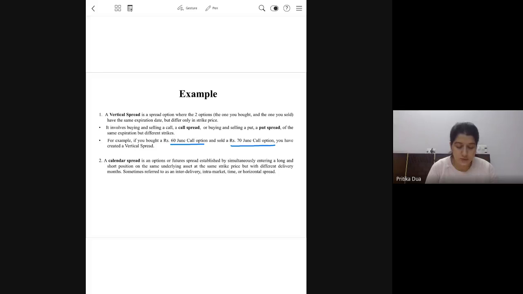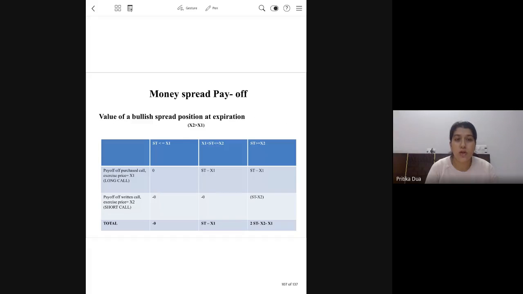Now we come to the payoff from a spread contract. We are using the example of a call option contract as a spread strategy, using call options under the spread strategy.